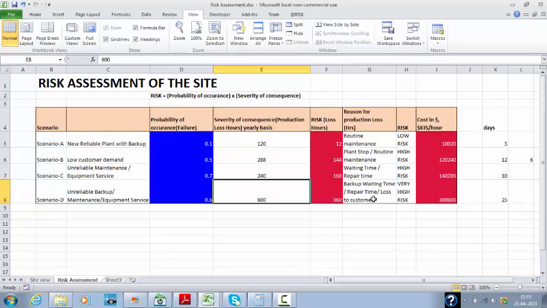The customer stops the plant, and they can incur a huge loss. So the cost I've included is what the supplier incurs for the non-supply of the product. We have not factored the customer's loss into this cost calculation. I've chosen about 25 days in a year, which is almost a month, where it could have a breakdown.